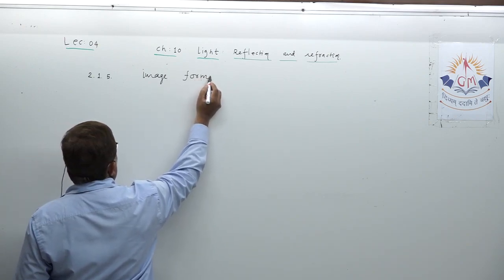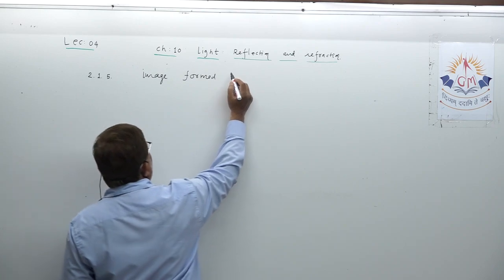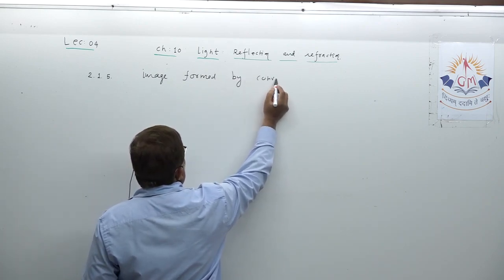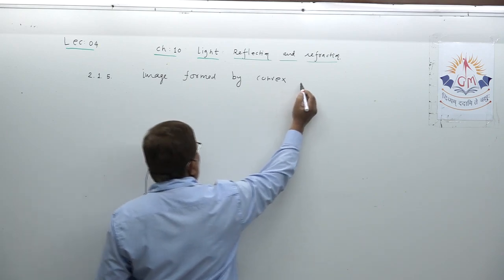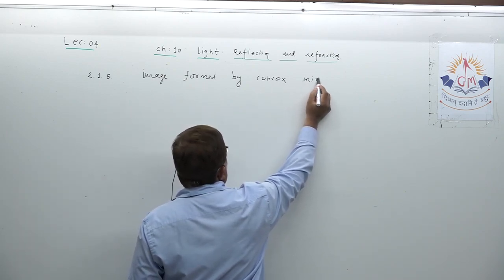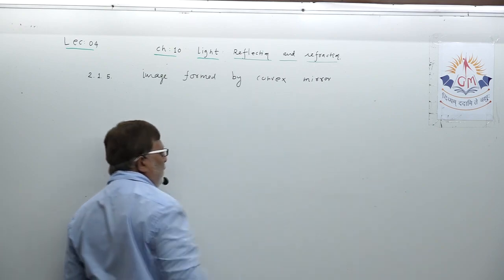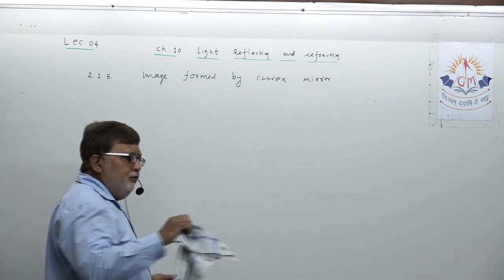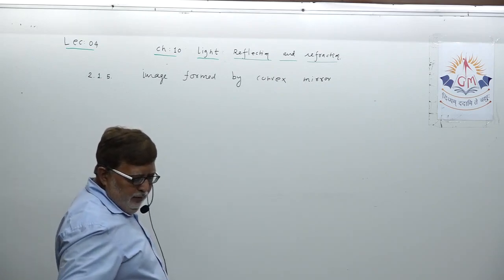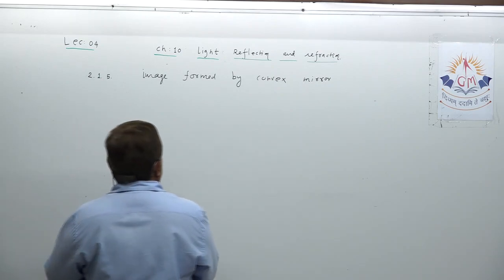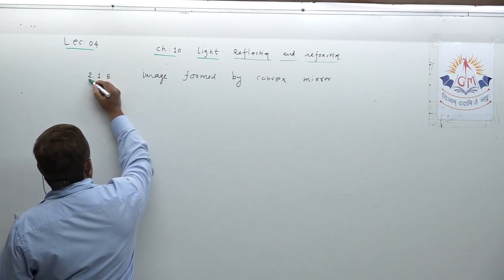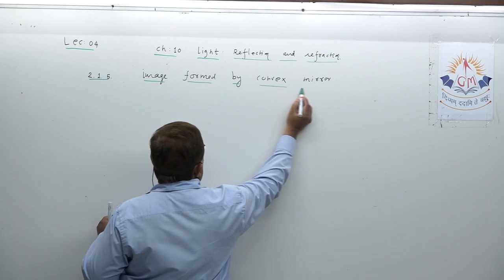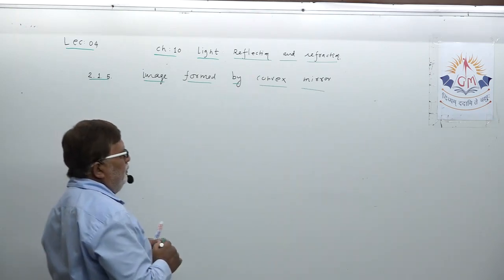Please note down: image formed by convex mirror. This is what we are targeting now. We have already studied images formed by concave mirror. Now image formed by convex mirror.